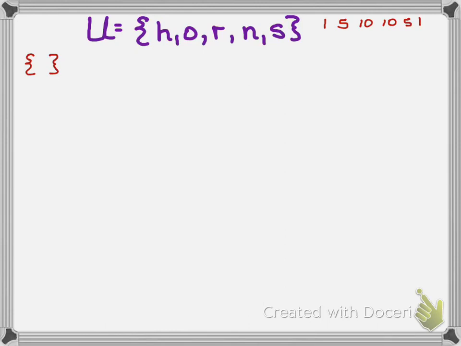Now let's figure out the ones with 1. I have H. I have O. I have R. I have N. And I have S. That's 1, 2, 3, 4, 5.